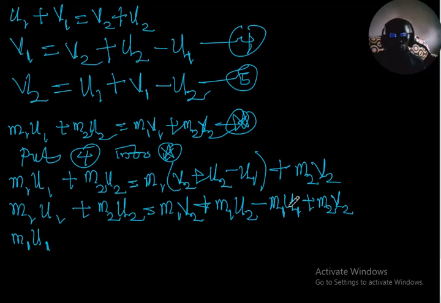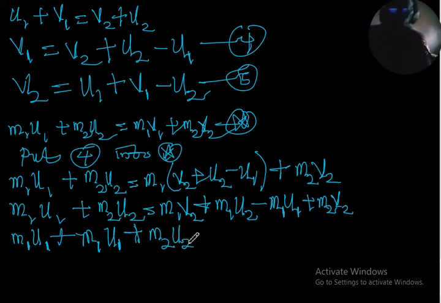There's another m1 u1 here, which is negative, coming over here it becomes plus m1 u1 again. Then there's another one: plus m2 u2, m2 u2.